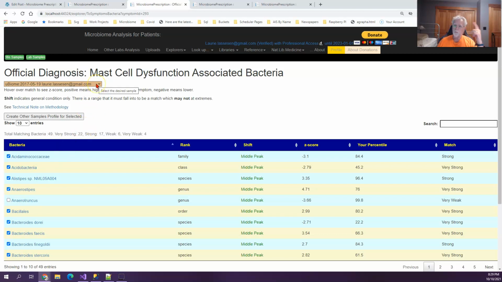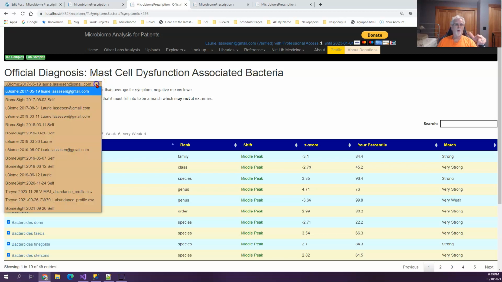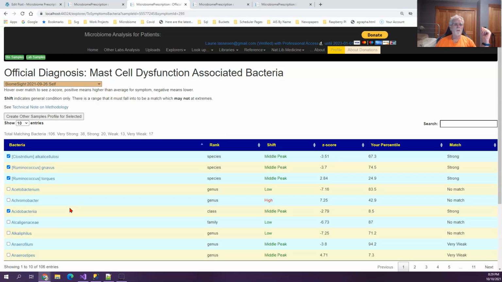Except one thing, classic mistake, I forgot to change things. When this 2017 sample was done, there was a mast cell issue, so it is correct and a good match. That was from Microbiome. Let's go over to 5, and we have 58 and 30. We have 88, 106.